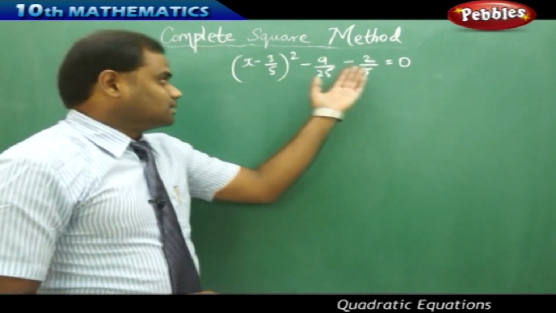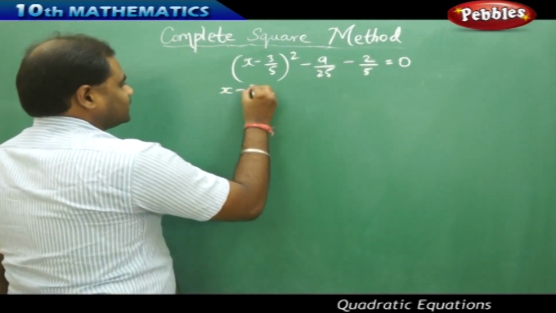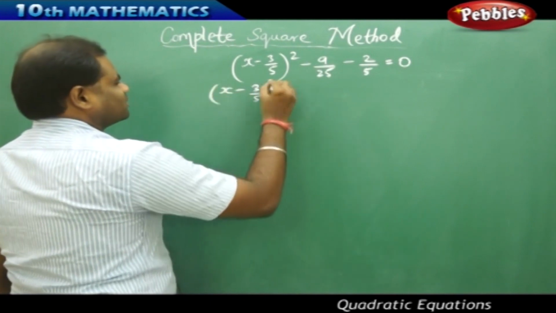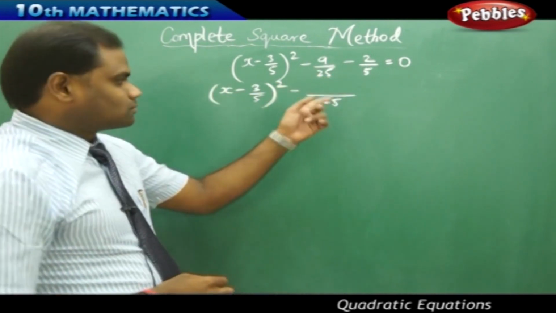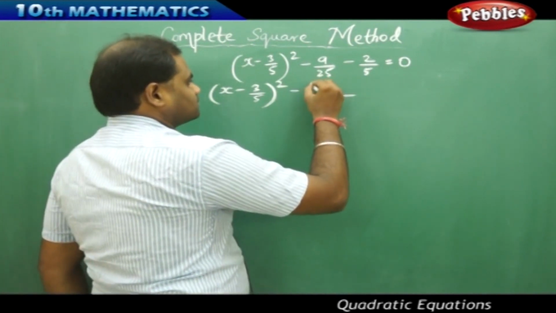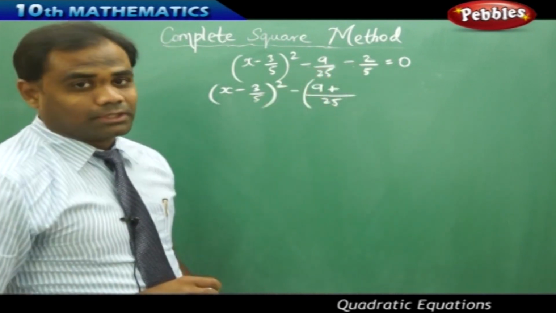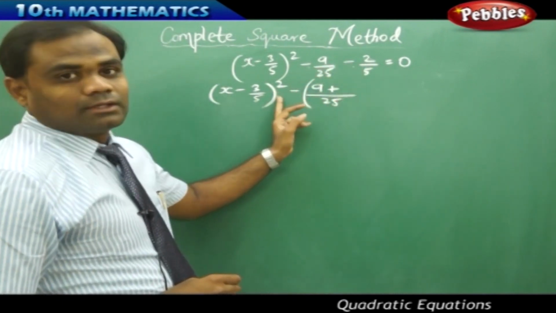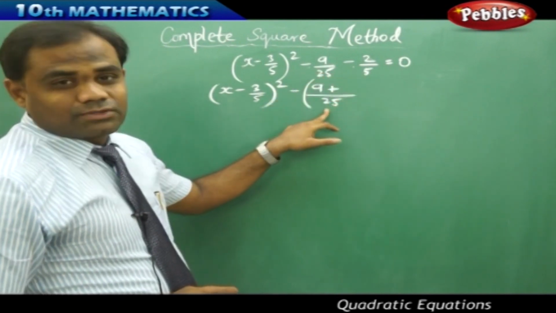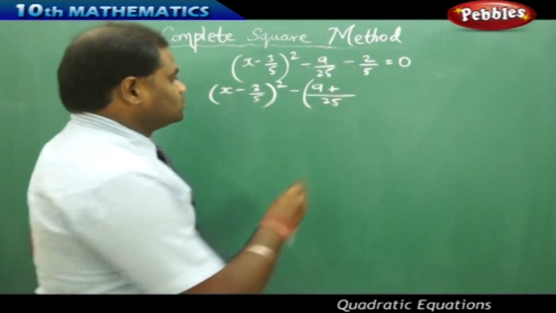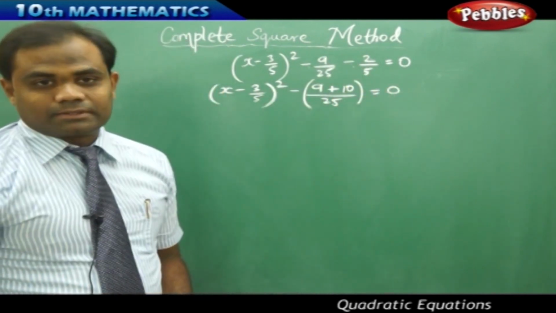Now let's take LCM on these two constant terms so that I get x minus 3 over 5 whole square minus, 25 being the LCM, reduces to 1 times 9 is minus 9, and this will be plus because I have taken minus common from these two terms outside. So I get plus inside the bracket, and then 5 times 5 is 25, and 5 times 2 is 10, is how I do the LCM of the two given numbers.